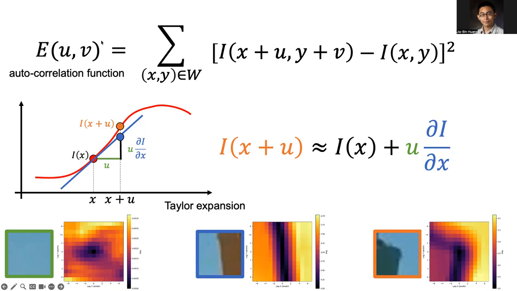Yes, from the same image. Given an image, I want to know if I shift this region a little bit, whether that's easy to track or not. The sum is over the whole window, maybe a 5x5 window or 7x7 window.